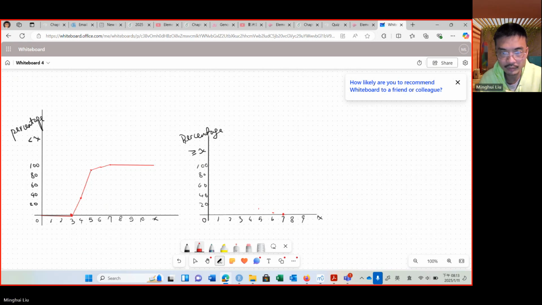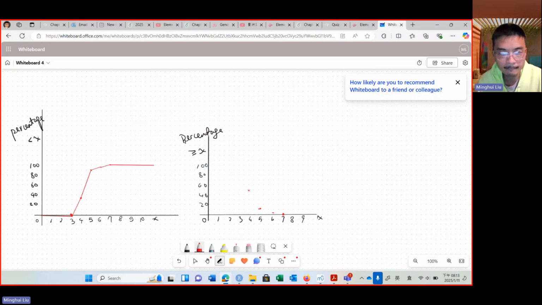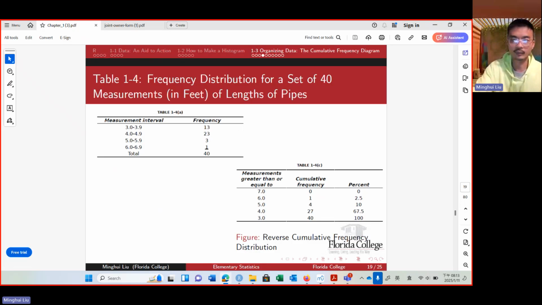And then at 4 it's 67.5%, so it's above 60%, below 70%. And then it increases to 100% at 3. So we're going to connect the dots, and then have these horizontal lines like this. After you connect these dots, that's what this graph would look like. All right, so this is how we draw a reverse cumulative frequency diagram.